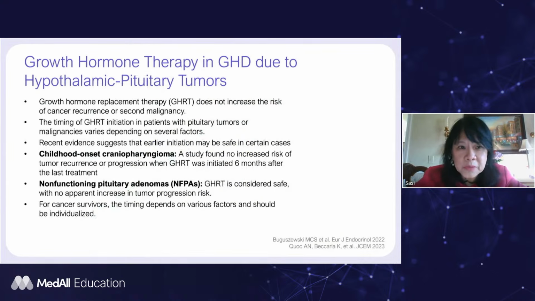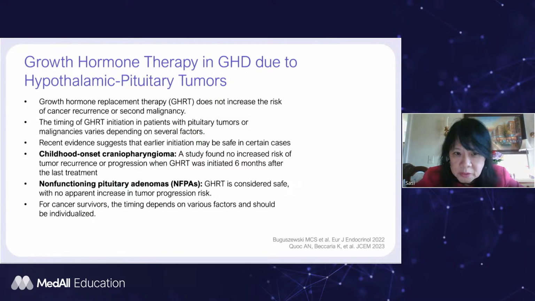So I'd like to mention briefly cases with tumors that result in growth hormone deficiency, where we need to know when to start growth hormone in children that have malignancy. We found that growth hormone replacement therapy does not increase the risk of cancer recurrence or second malignancy. The timing to start growth hormone in patients with tumors or malignancies varies depending on several factors like the type of cancer or the treatment course.